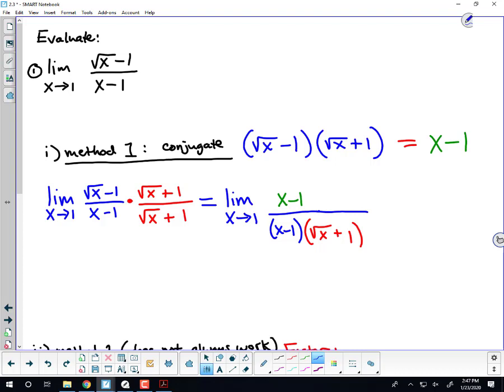So the issue in the denominator we're always going to leave alone. And then we can see now, like that last example, that factor cancels out. So then we're just computing the limit as x approaches 1 of 1 over the square root of x plus 1.